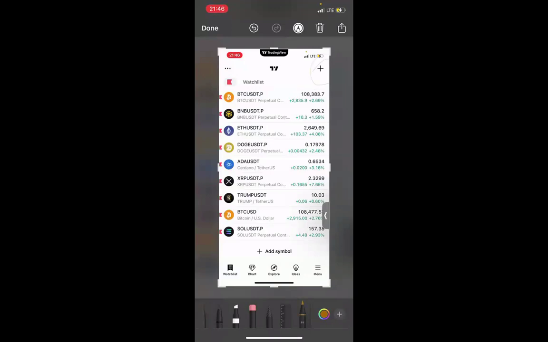You can create watch lists, and once you create a pair with a watch list, you will see it red flagged over here with this red flag. Here you can see I have a couple of coins on my watch list. You can add a symbol by clicking this add symbol, or you use your plus sign up here to add a pair. So this is for the watch list.